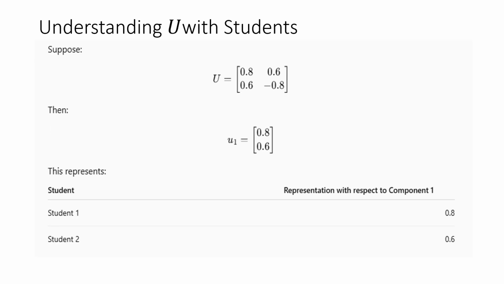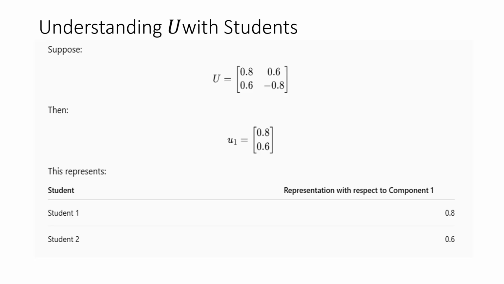Let's look into U with the example of students. Suppose our data set has 4 students. The matrix U will have 4 rows. Suppose we are having 2 students, then our matrix U will have 2 rows.